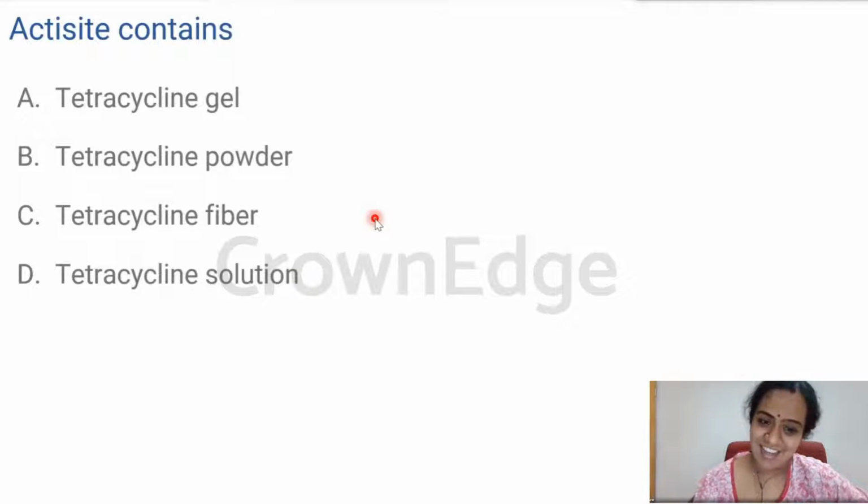Actisite is a form of fiber, but is tetracycline present in the form of fibers in that particular LDD is my question.